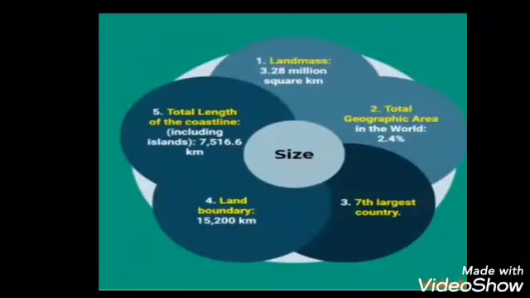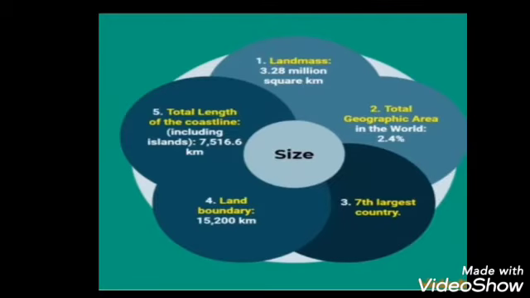Now, if we talk about the size of India, starting with the landmass, it is 3.28 million square kilometers and the total geographical area in the world is 2.4%.